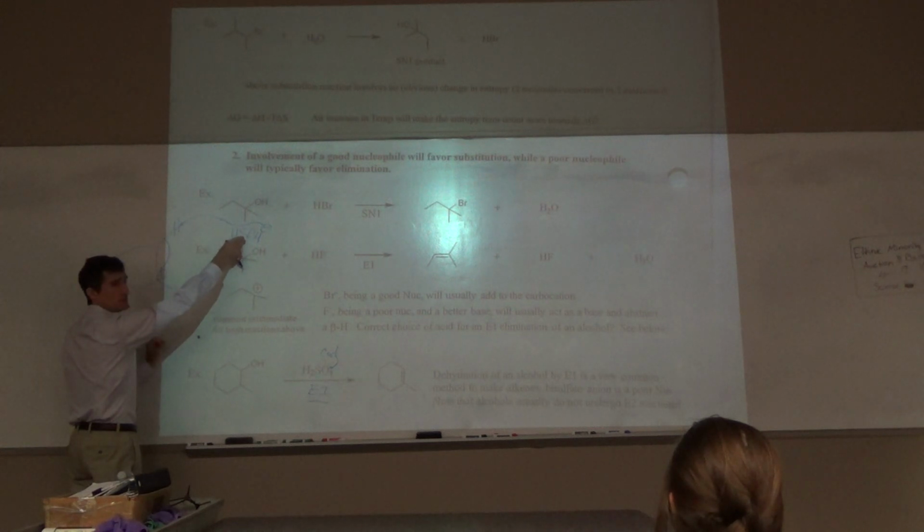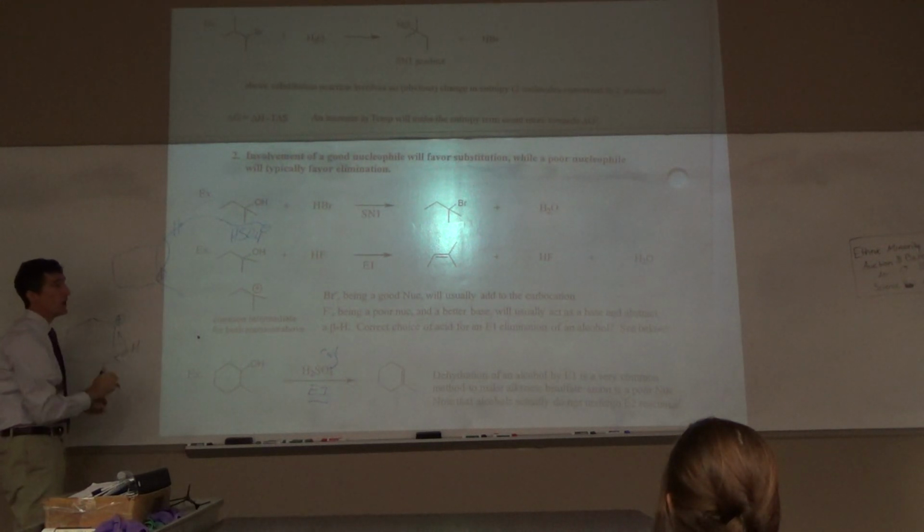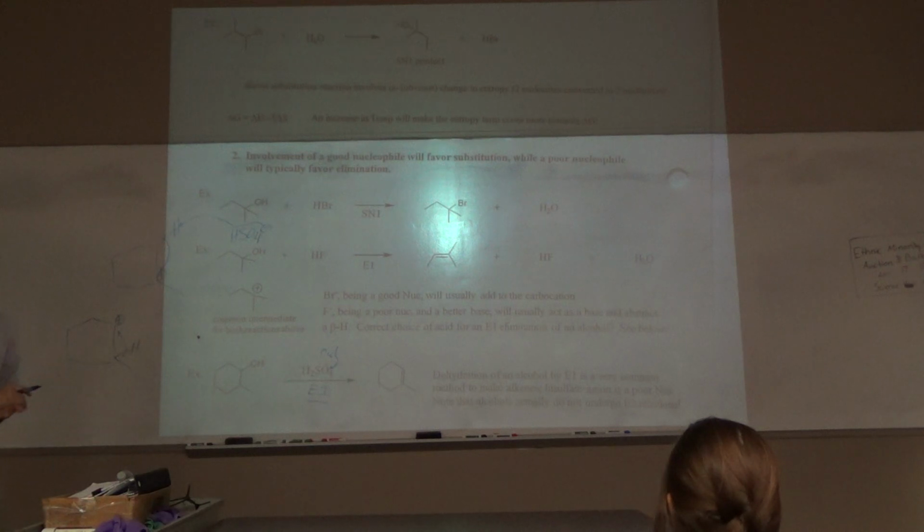This is a lousy nucleophile. It will never add to the cation to give a substitution product. Only your halide anions from the strong acids will. Remember when we did polymerization, we had to use an acid that would not add to the cation.